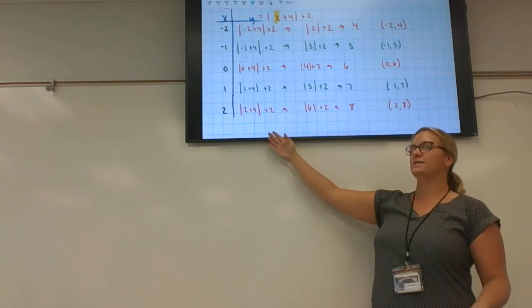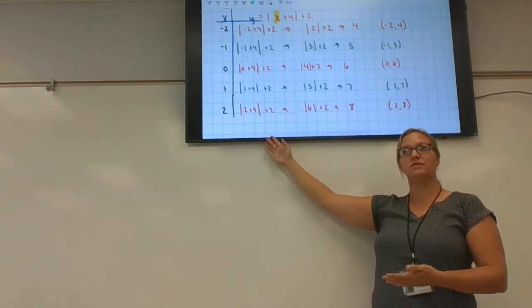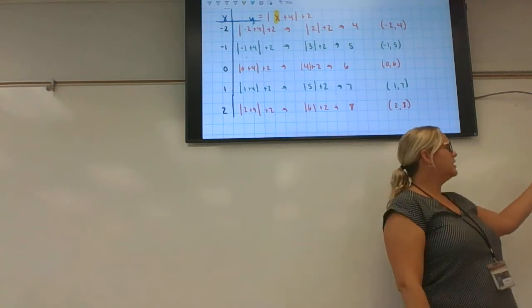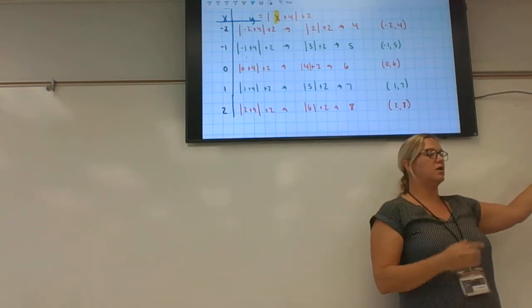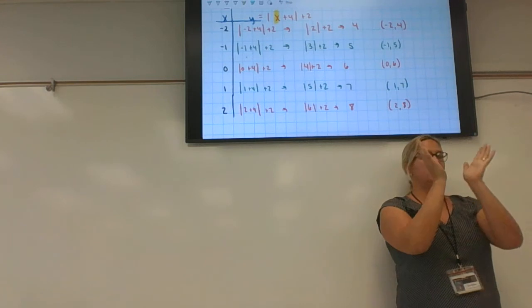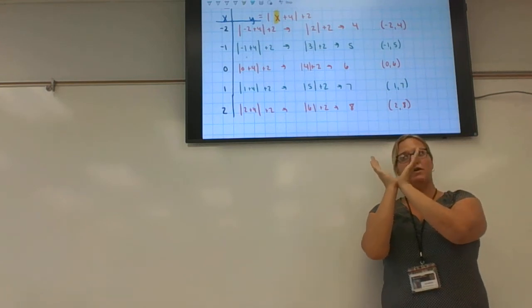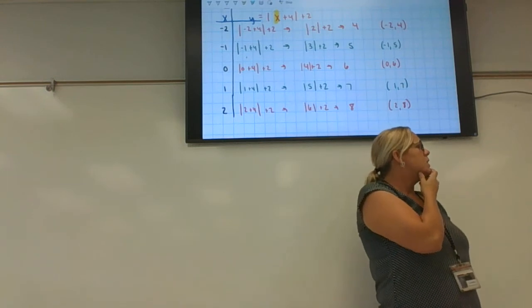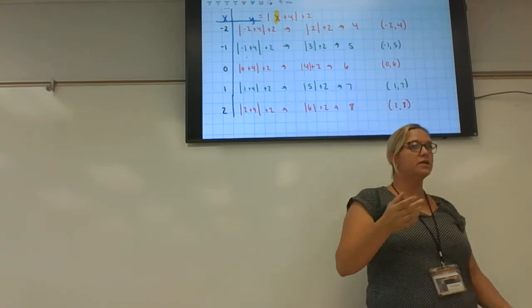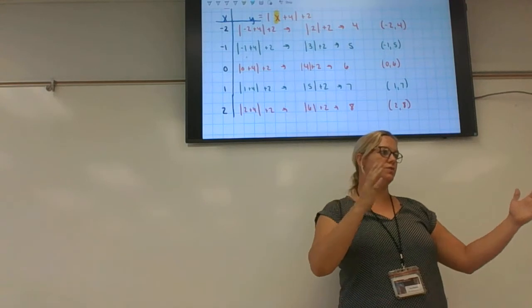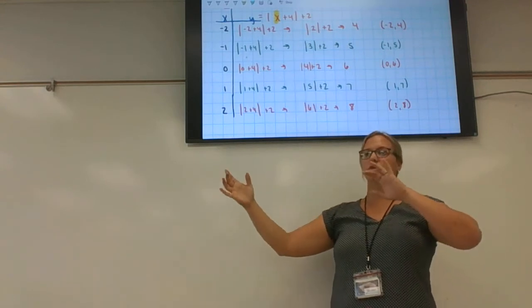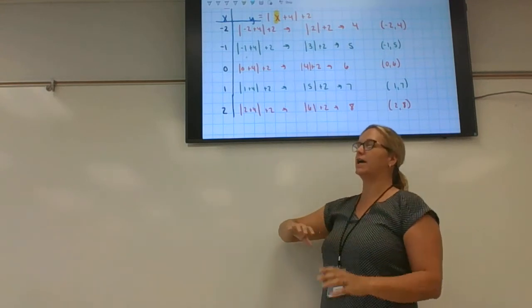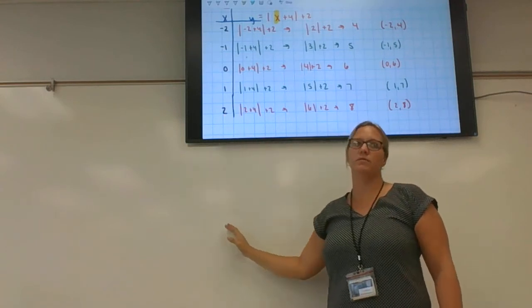If you're relying on a table, like you can for lots of graphs, you're not going to get a full picture of your absolute value graph. You need a V, or you have not graphed the function. So, what a lot of people do that don't know transformations or don't know how to see where shifts lie is they just keep going with the table.